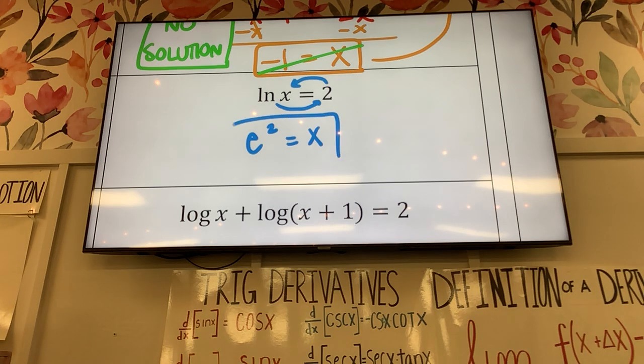And then a lot of times you get x by itself, and so that would be your answer. And you just plug it back onto the x. Because the inside of this log is just regular x, when I plug e squared in, is that positive or negative? Positive, right? Okay, so because it's positive, it works.